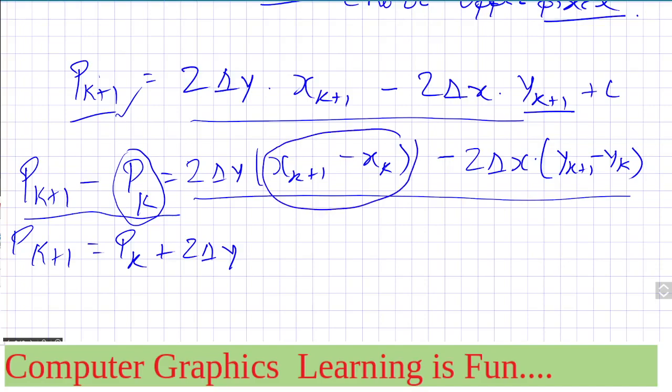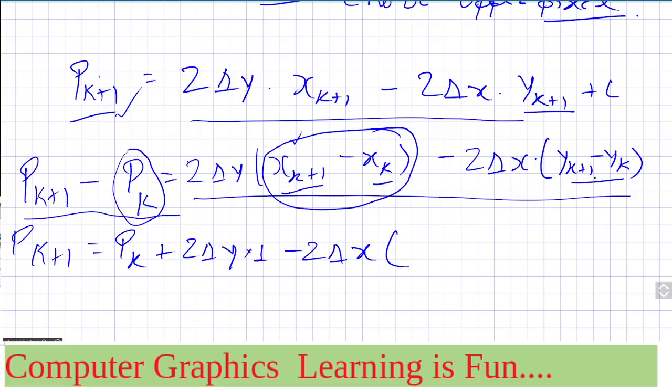We know the difference between xk plus 1 and xk is just an increase of 1 unit, so it will be just 1. Minus 2 delta x into yk plus 1 minus yk.